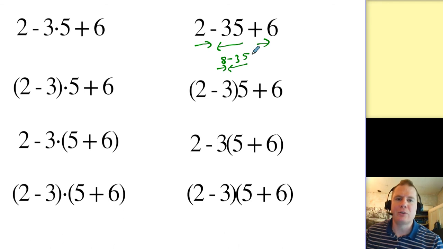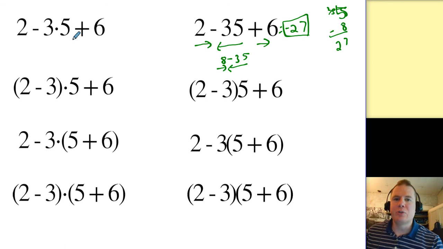Those are going in opposite directions, so I'm going to do the difference. 35, borrow here, 15 minus 8 is 7. I borrowed here, so that becomes 27. So I get 27. But I was going a lot farther negative than positive, so my answer is negative 27.